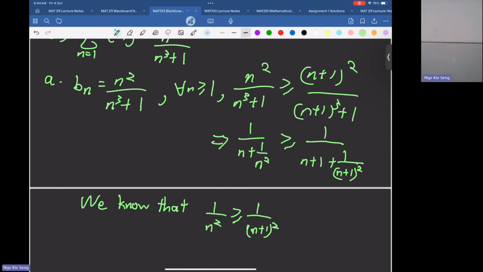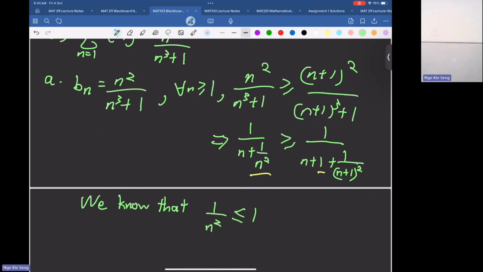So what do you want to compare first? Square. Yeah, 1 over n square and 1 over... Ah, okay. So you mean you compare this one and this one? Okay, so you get like this, is it?